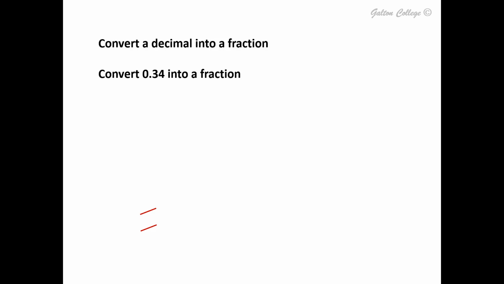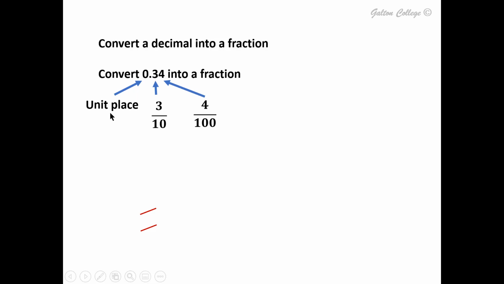Now, this is converting a decimal into a fraction. We start with a decimal and we want a fraction. We're going the other way. So we want to convert 0.34 into a fraction. First of all, we can identify the different places. We've got the unit place. That's the 0 up here.